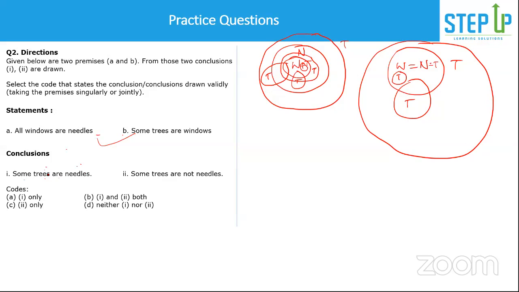That means find where the trees and needles don't overlap. Is there a place where trees and needles don't overlap? Here, not possible, right? Is there a place where trees and needles don't overlap? Here, overlapping, right? Trees and needles. Correct?